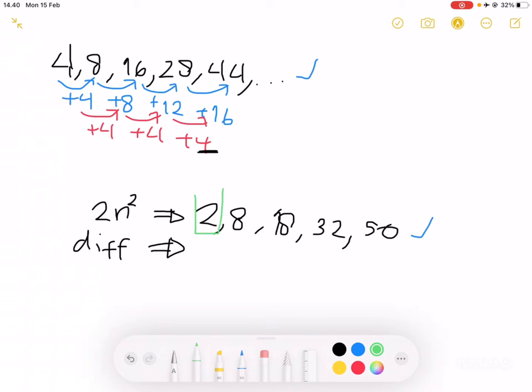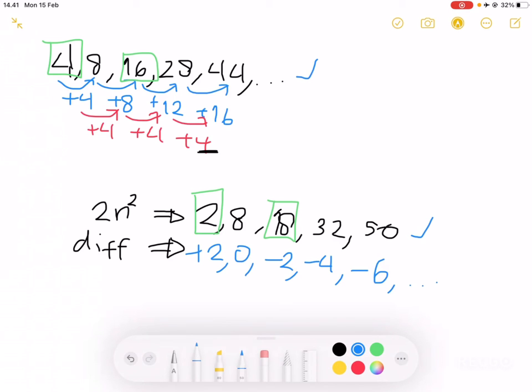So what you need to add to get 4 is just positive 2. What you need to get 8 is just 0. And then what you need to add to 18 to get 16 is you need to subtract by 2. And then you can just see where this is going and what is the pattern right here.